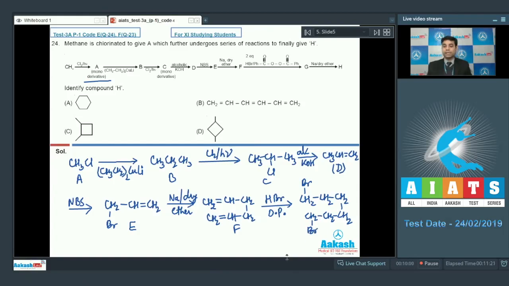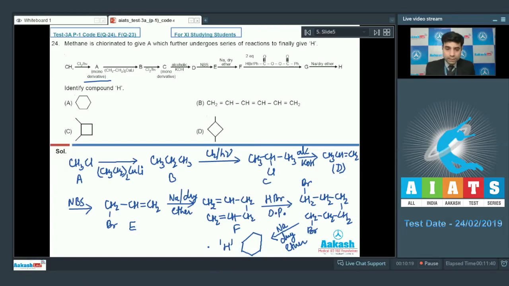This is 1,6-dibromohexane. Now when it reacts with sodium and dry ether, again intramolecular Wurtz reaction will take place and because of which cyclohexane will be formed. This is compound H.